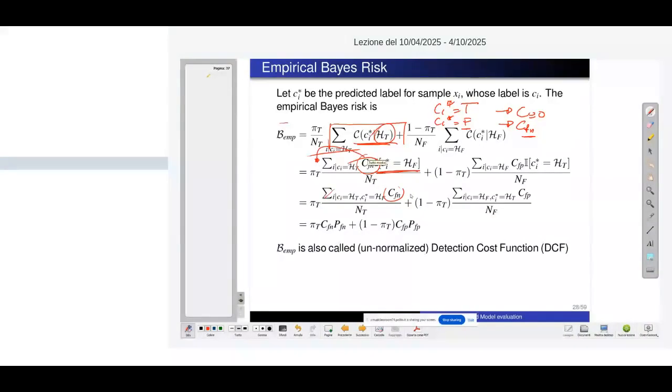This summation is the cost of false negative a number of times equal to the number of wrong predictions. So I have pi_t times cost of false negative, times 1 over n_t outside, times the number of times where I have a false negative. So the sum here is the number of false negatives.